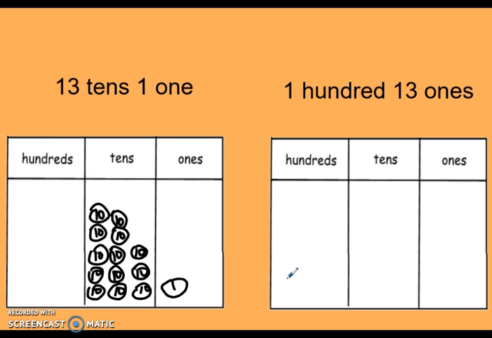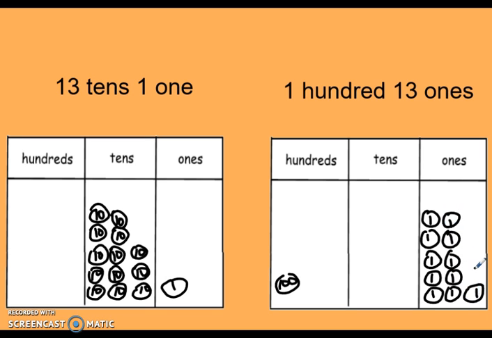And then here I have 113 ones. So 1, 2, 3, 4, 5, 6, 7, 8, 9, 10, 11, 12, 13.